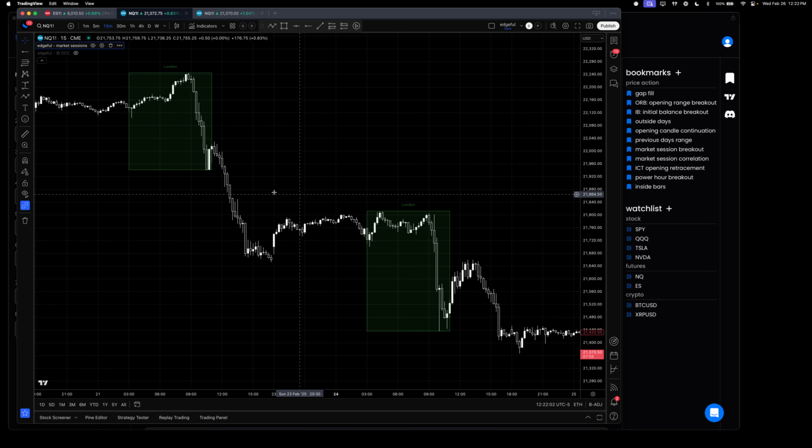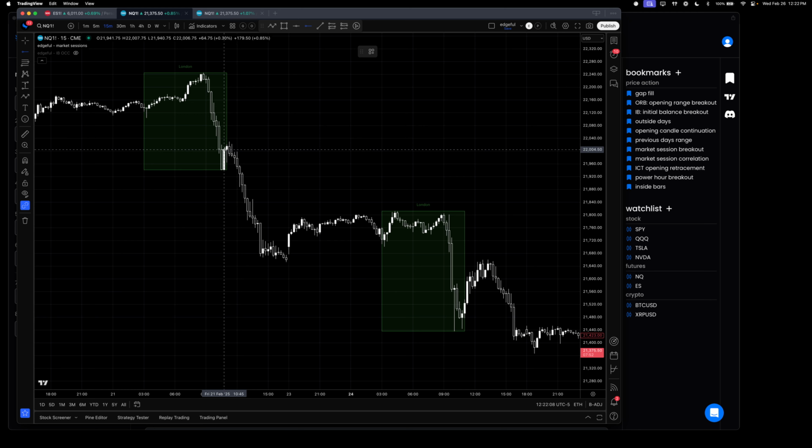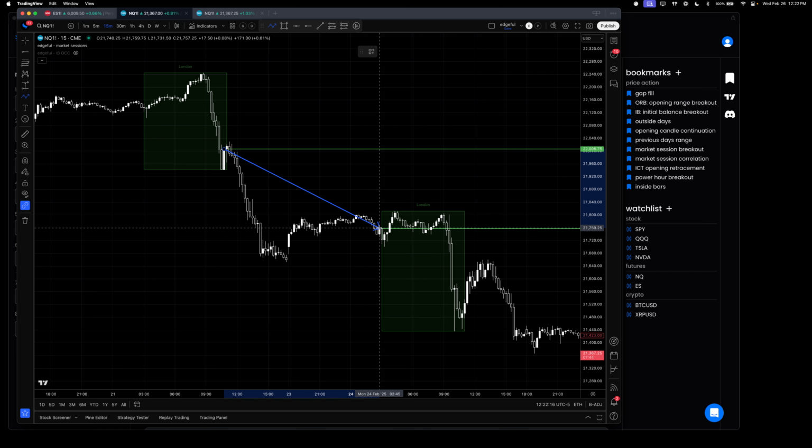You're going to see these green boxes appear. So my gap fill becomes the close of the previous session right over here to the open of this session here, which is obviously a gap down because price today opened below the previous session's close. Super, super important that you understand what sessions you're looking at.